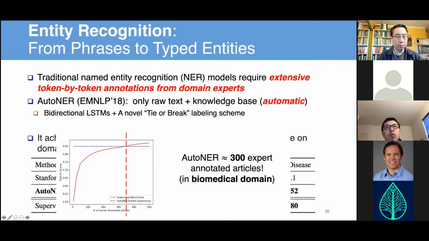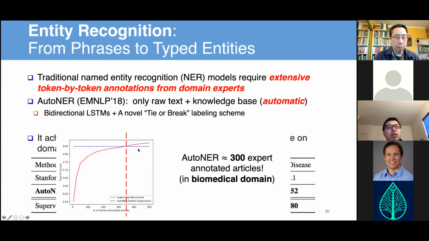And you may also wonder how much annotation effort we need to outperform the AutoNER based on the Wikipedia or knowledge base only. So from some experiments on one single data set, we can tell that AutoNER is roughly the same as 300 expert annotated articles.